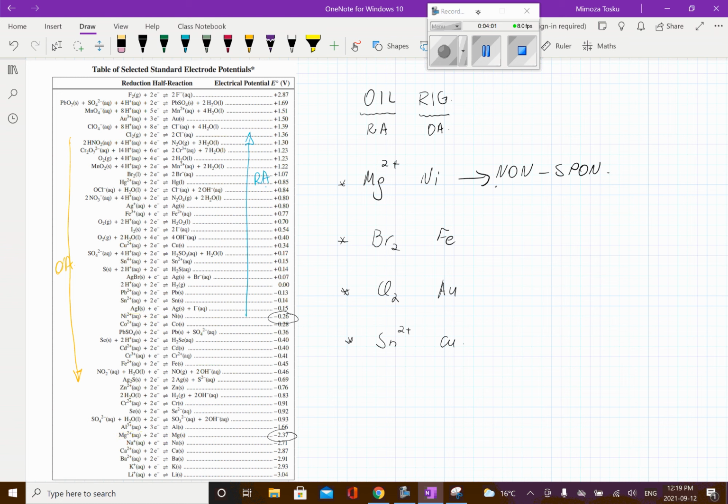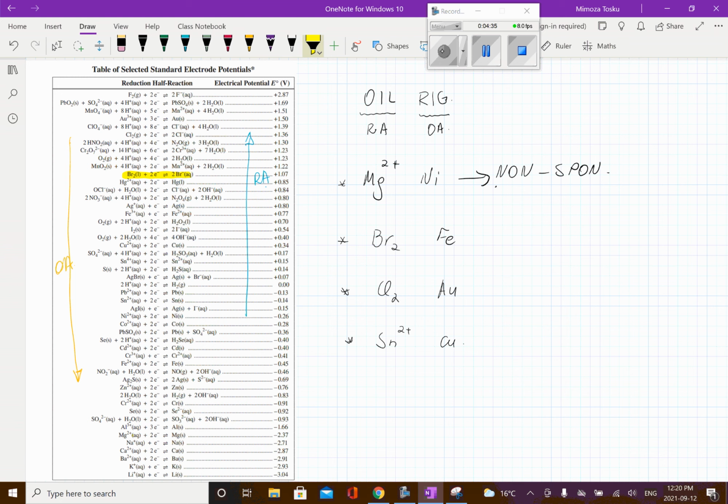Now let's take a look at the other one. I will delete those so that we have a clean table. So now we see bromine and iron. Are they spontaneous or non-spontaneous? You just have to find where they are. Bromine is here, on the oxidizing side, and iron we have to look for on the reducing agent side, and it is somewhere in here.